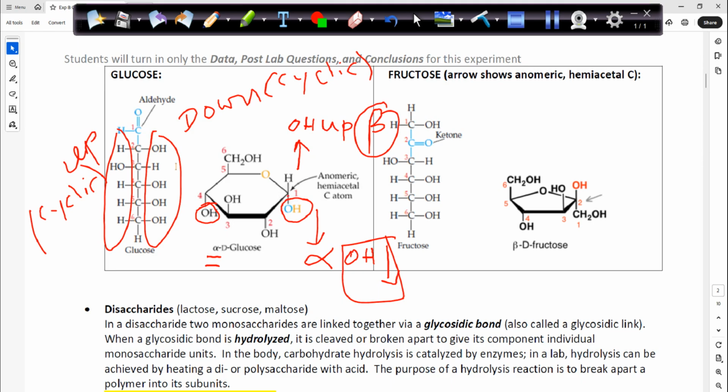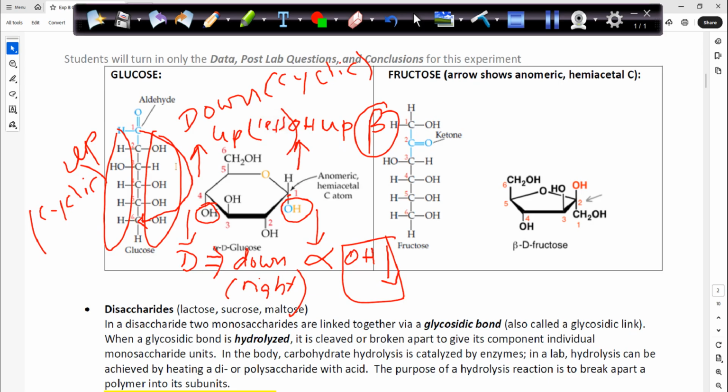And the 1 is connected to what? This is coming from number 5, so 1 and 5 are connected together. Now, if this is down, correct? If it's down here, this number 5 is down. This will be your D. If it's up, your L. So L and D. So this is D, down, or right in the line structure, or left here.